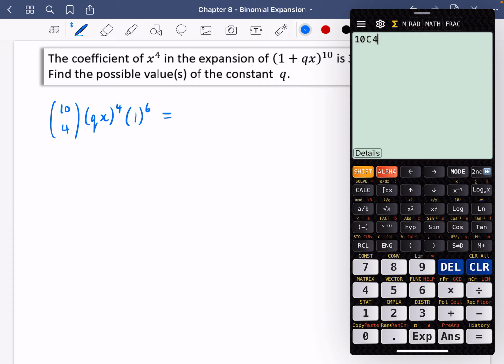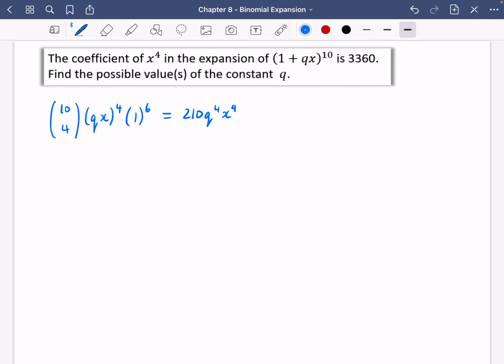10 choose 4, that's 210. You're then going to have q to the power of 4, x to the power of 4, and 1 to the power of 6 is just going to be 1. So we now have that the coefficient of x to the power of 4 is 3,360.